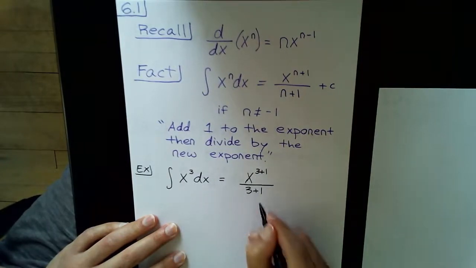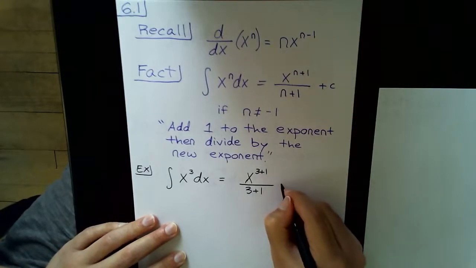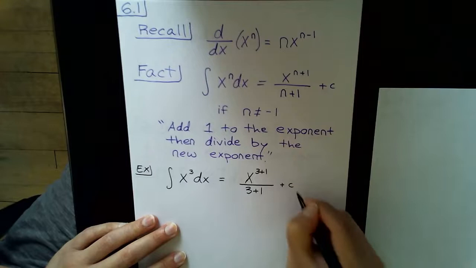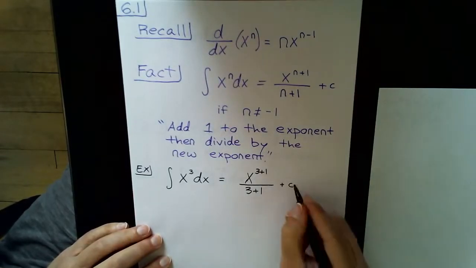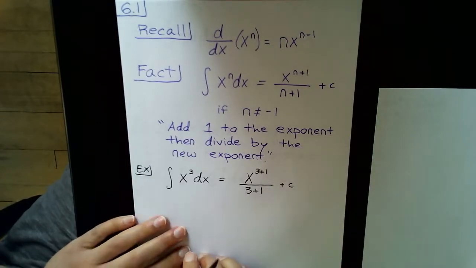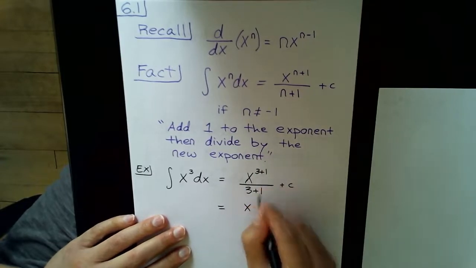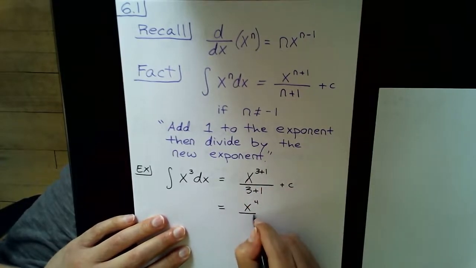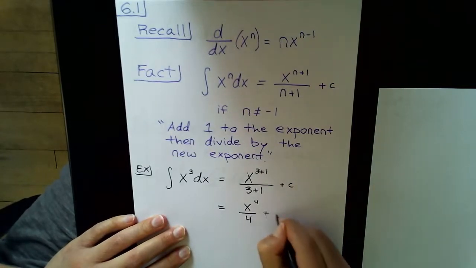So by 3 plus 1, and with that, we always put plus c, because we don't know if there was a constant in the original function. Simplifying this, we get x to the 4th over 4 plus c.